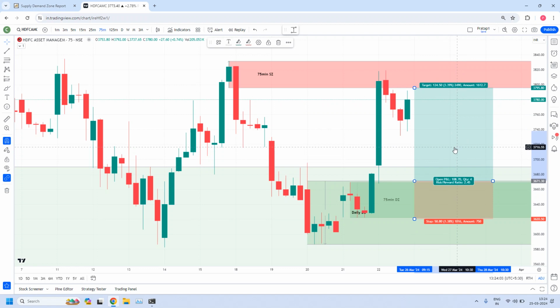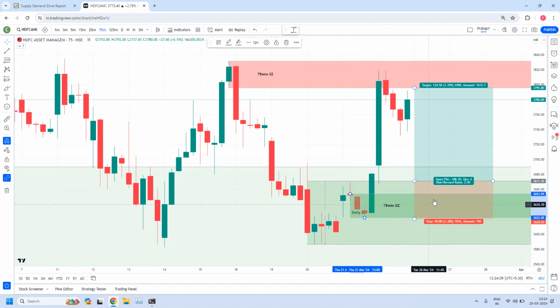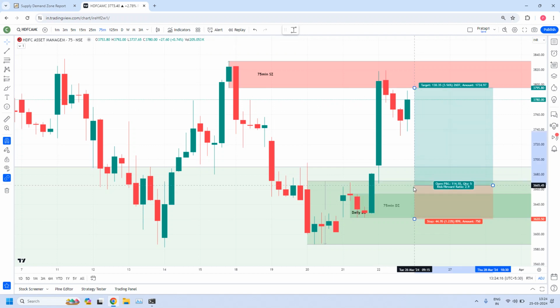Do you accept this trade? Definitely you don't. But what we do, we don't take type 1 proximal entry. We look for type 2 proximal entry. Now you reduce the risk. Now what is the RR you got? Now you got 1:4.